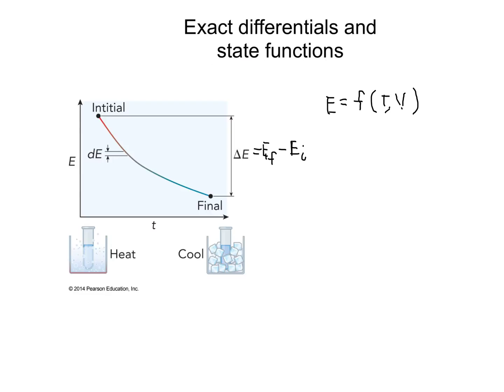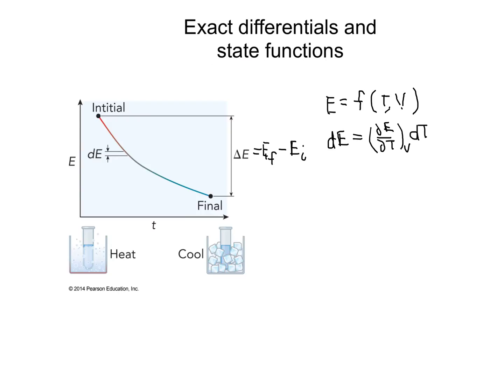When I have a state function, the total change in that state function, a small incremental change, will be due to any changes in that function with one of the variables, say temperature, when I keep the other variable constant, say volume, times how much I've changed the temperature.